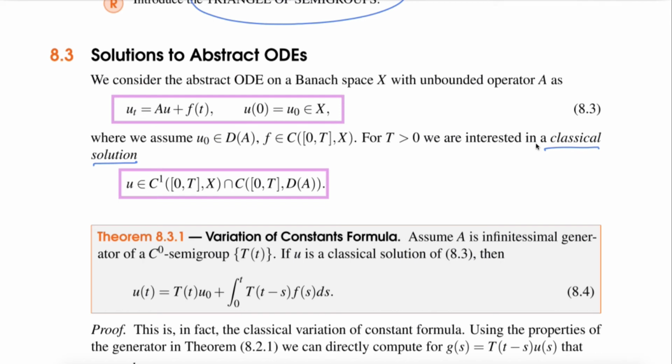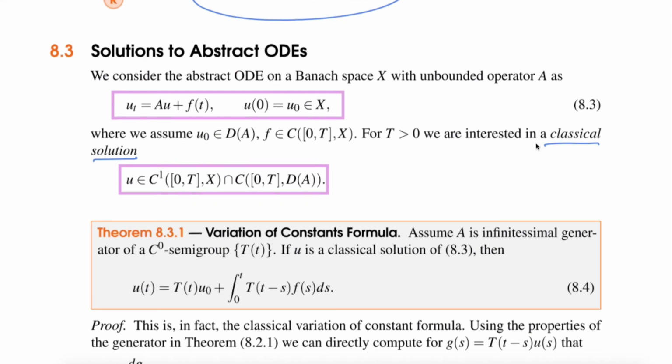This basically means that we can differentiate both ways. We can differentiate in time, given by this, and if A is a second derivative, then we can differentiate in space, given by that. This is kind of the funny way to write this down. You might want to write this as C0, C1 in D(A), but this is a much smaller space, so it's a much stronger condition, which we don't really need.